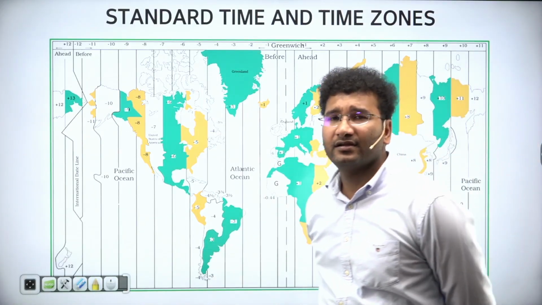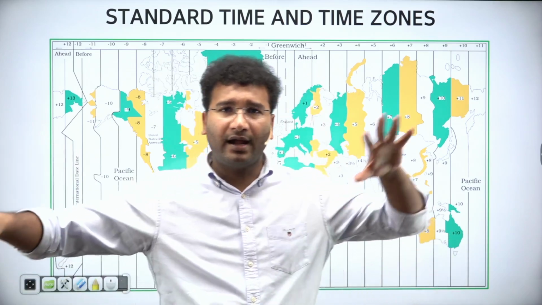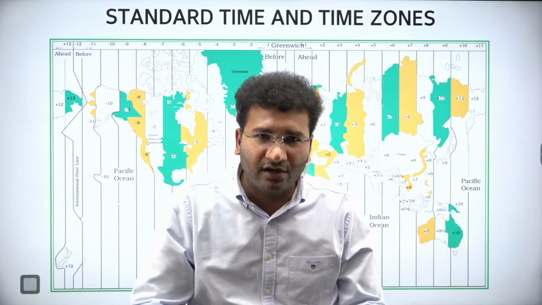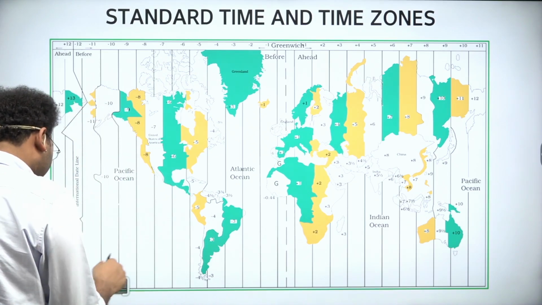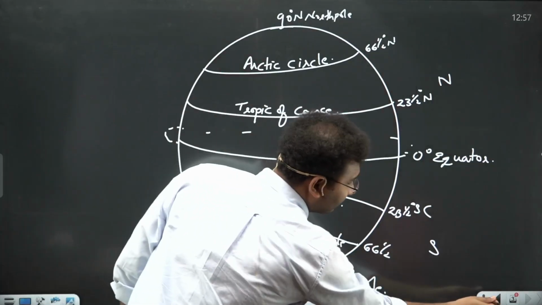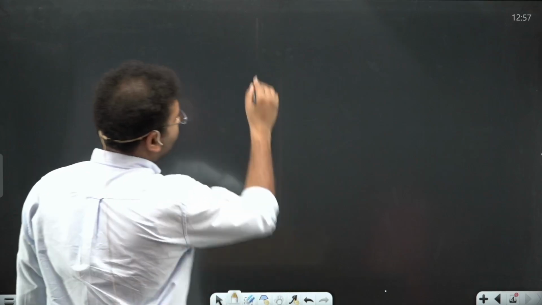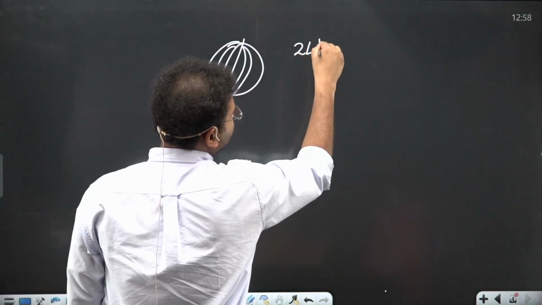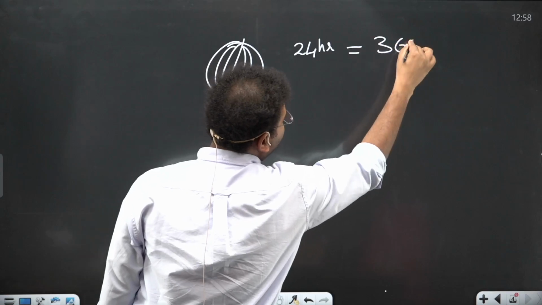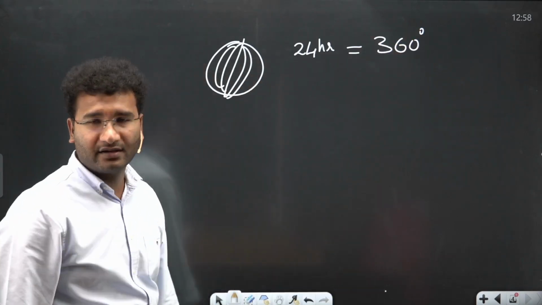Now see, we calculated time and latitudes and we linked it with each other. How did we do it? Simple. Earth takes how much time to rotate a full circle? This earth is taking 24 hours to rotate 360 degrees, right?